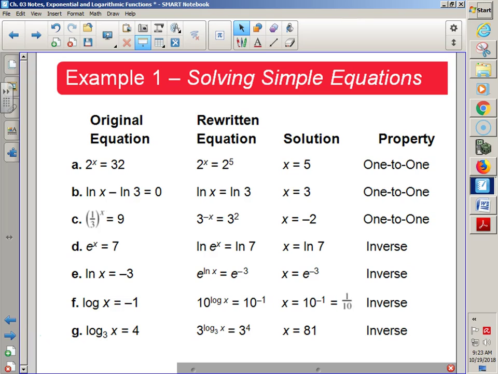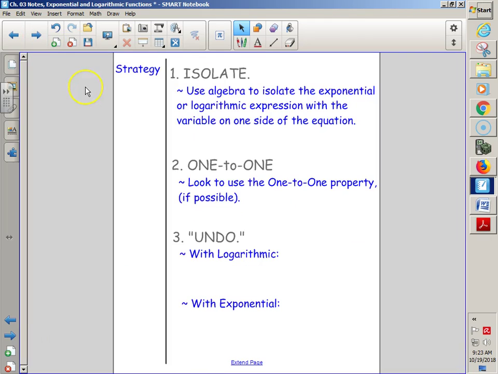So that's the basics. Let's talk about, real quick, just a little bit of gameplay, just a little bit of strategy. Here's what you should probably be thinking every time you have an equation with exponential and logarithmic. And remember, those were just basic equations with barely anything going on.